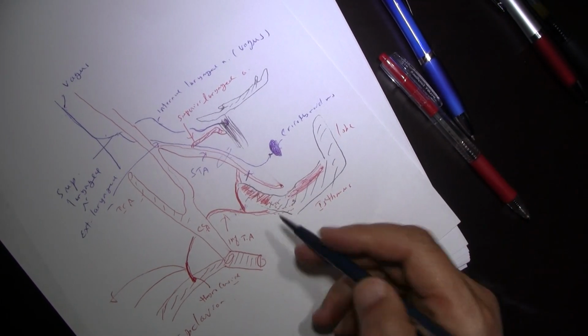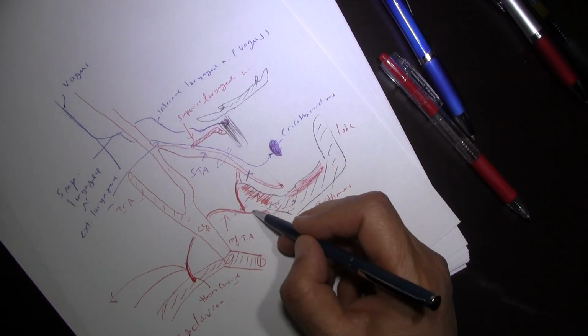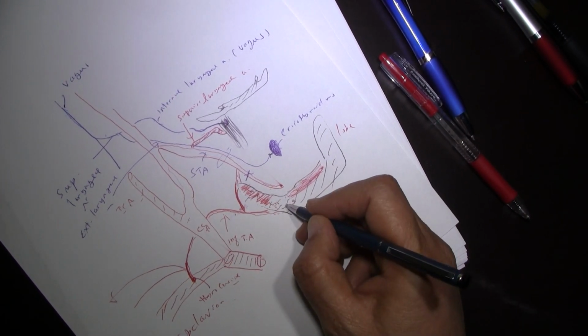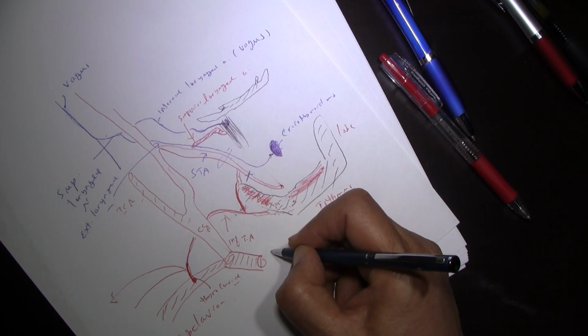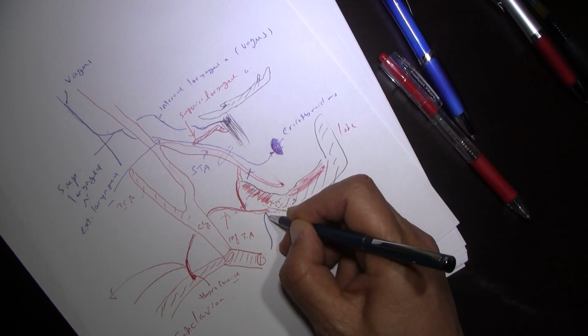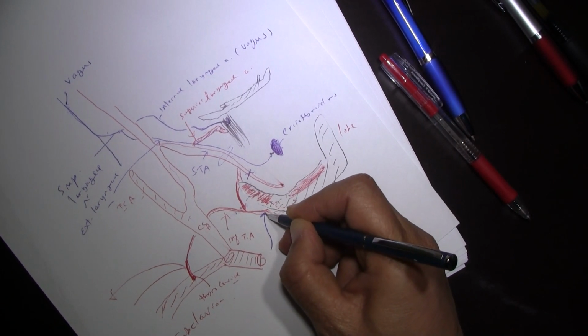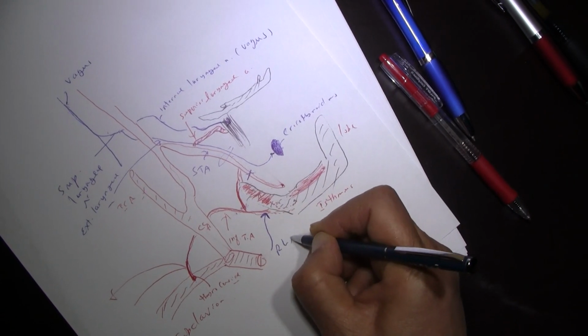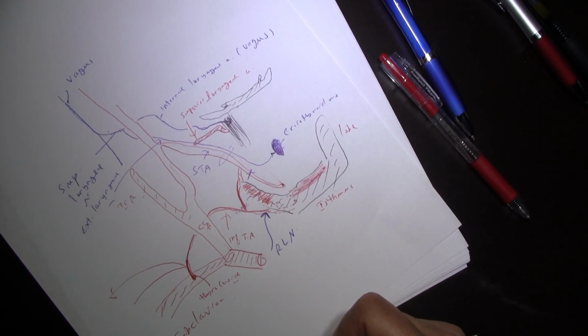On the other side, you see the inferior thyroid artery, which is coming from the subclavian and getting to the back of the thyroid gland. At the end here it is accompanied by, or close to, another branch of the vagus called the recurrent laryngeal nerve.